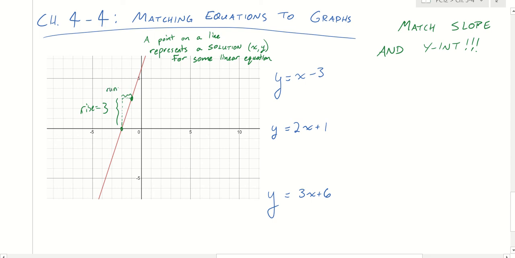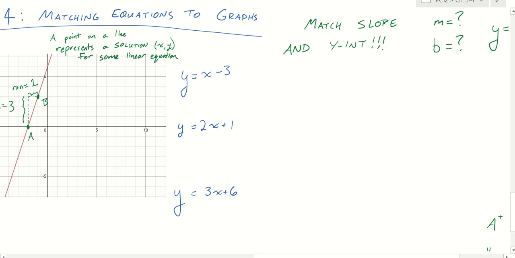And the run takes us to that other point, right? We have some point A, some point B. These are clear points where they land on the intersection of grid lines. We can track how far up we have to go to get to the same height as B. We have to go 3 units up, and then we have to go 1 unit across. So that's a rise over run of 3 over 1.